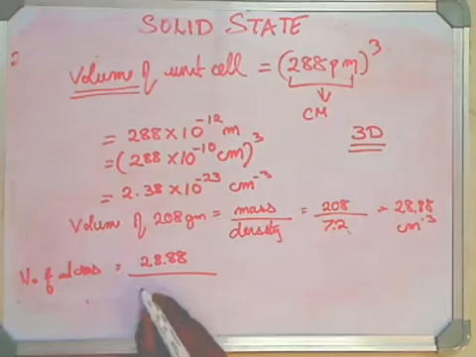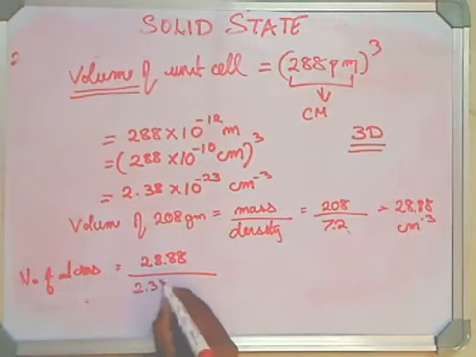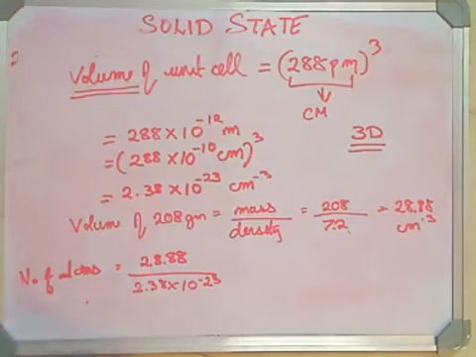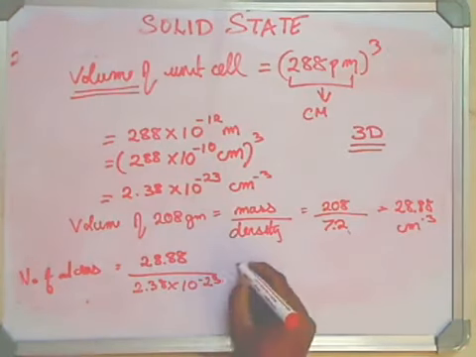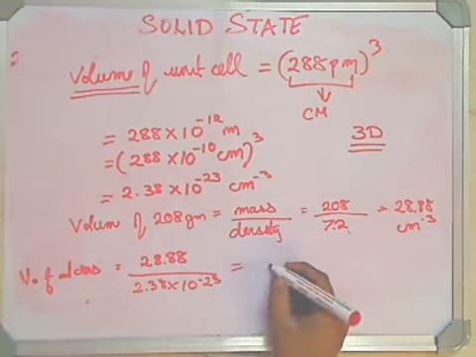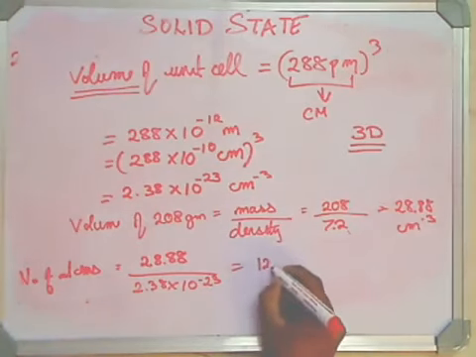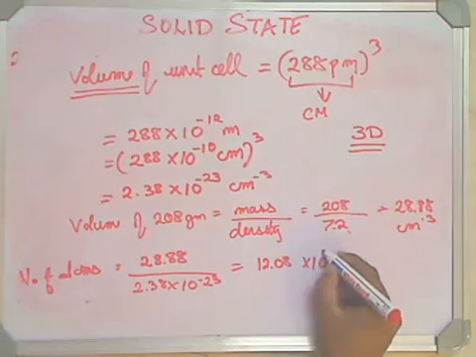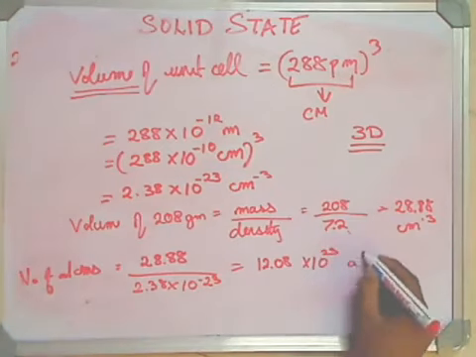So volume of every unit cell is 2.38 multiplied by 10 to the power of minus 23. And thanks to the magic of my Casio calculator, I am able to arrive at the value 12.08 multiplied by 10 to the power of 23 atoms.